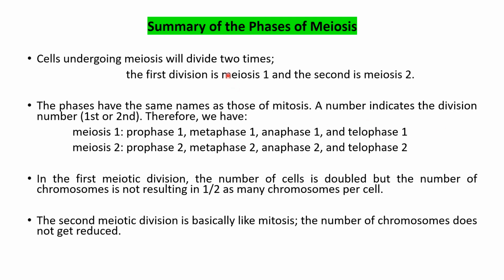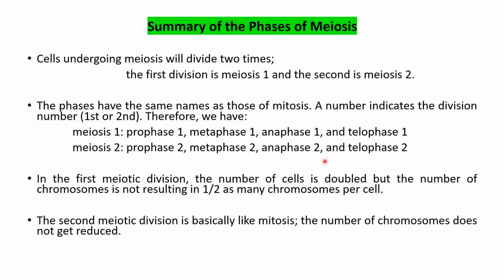The phases that occur during meiosis are basically the same, and they have the same names, just as in mitosis, but the number is used to indicate the division, whether it is the first or second meiotic division. So in meiosis 1, we have prophase 1, metaphase 1, anaphase 1, and telophase 1. And during meiosis 2, we have prophase 2, metaphase 2, anaphase 2, and telophase 2.